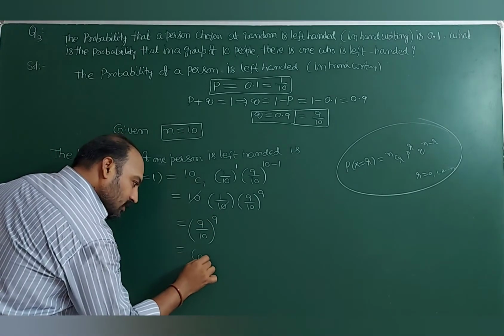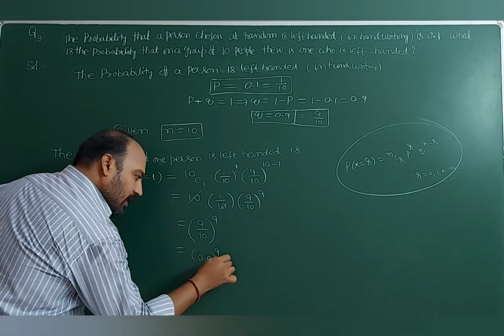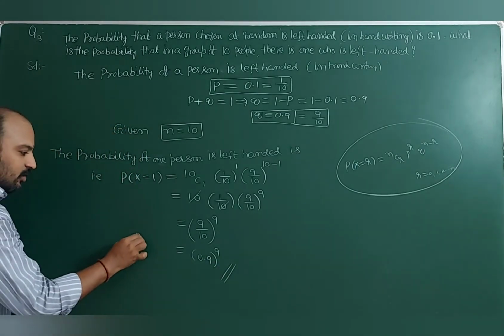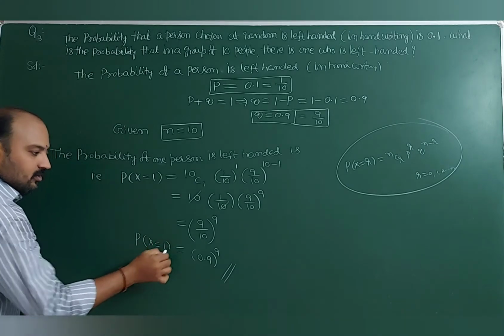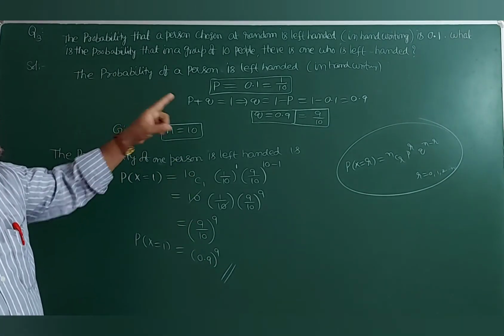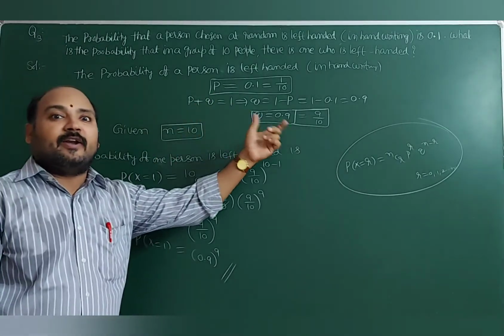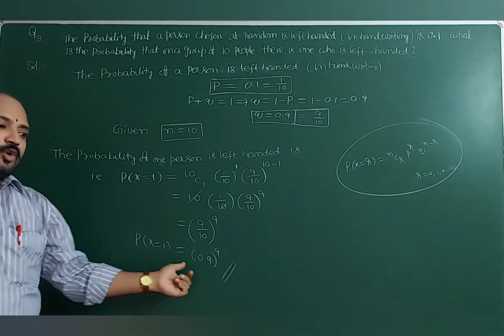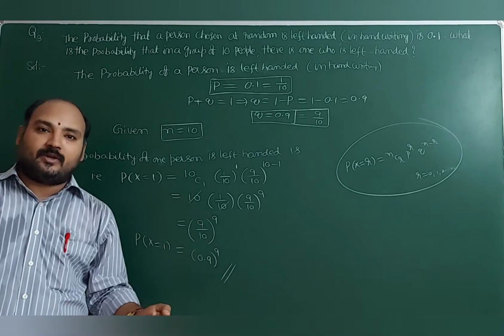Otherwise we can write it as 0.9 whole power 9 also, which is the required probability. That means the probability that there is only one left-handed person is 0.9 whole power 9.